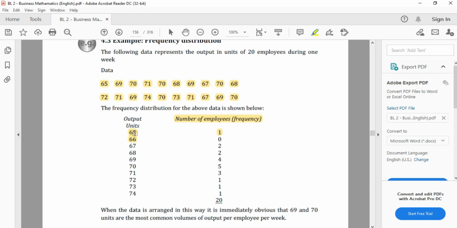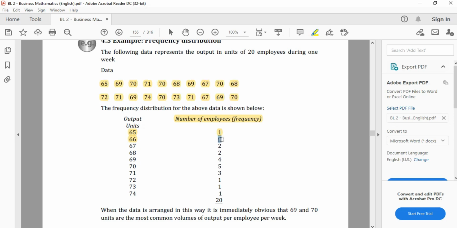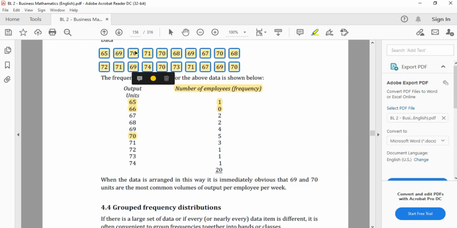66, we have to count how many 66 are here. Well, there's no 66 units produced by any employee, isn't it? So they have put 0. Look at 70 units. Well, there's one here. 1, 2, 3, 4 and 5.